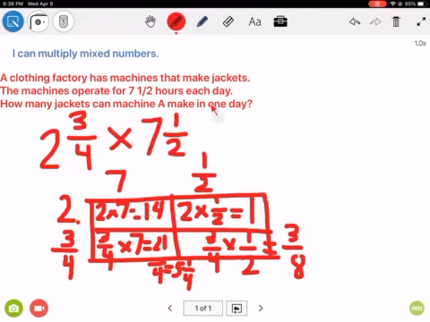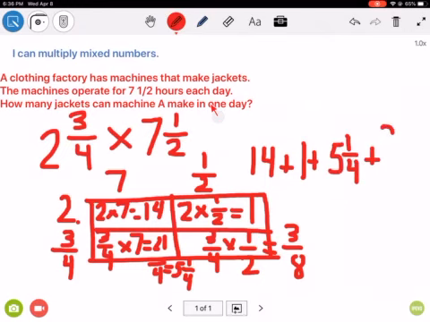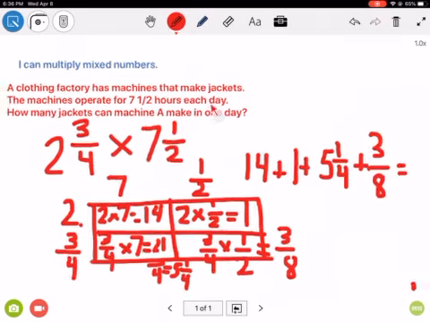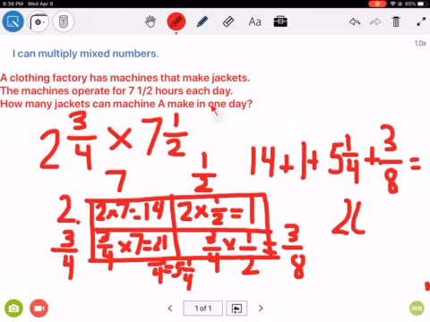So I have 14 plus 1 plus 5 1/4 plus 3/8. When I add all of those up together, I get 20 5/8. Okay, so that is the first way that I'm going to show you how to solve that problem using the area model.